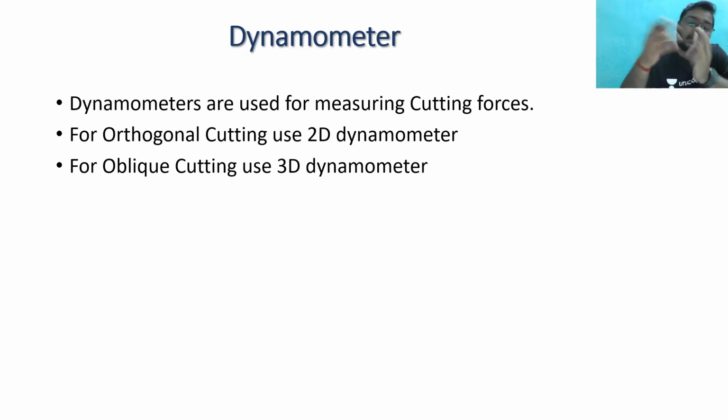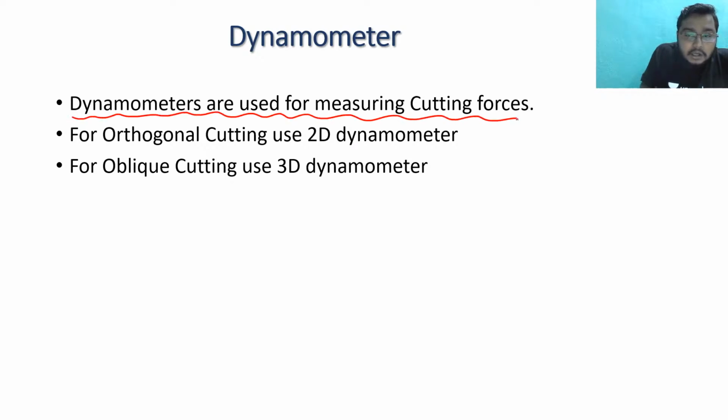There are actually two types of cutting forces: the primary cutting force, Fc, and the tangential cutting force, that is the thrust force. So the first point to keep in mind is that the function of a dynamometer is to measure the cutting forces.